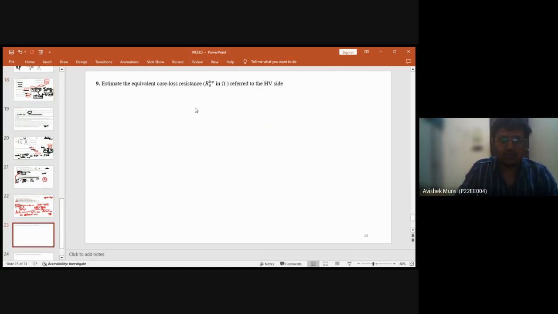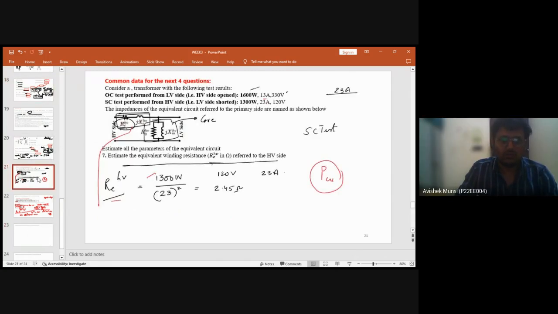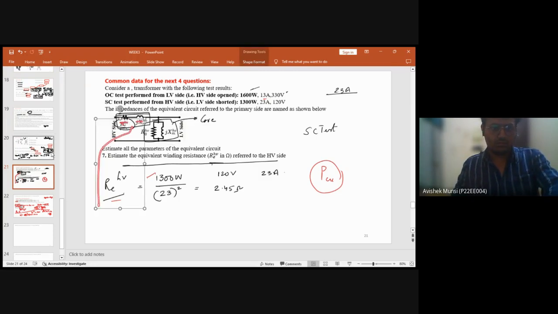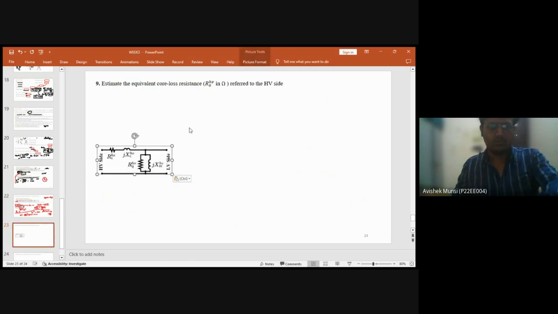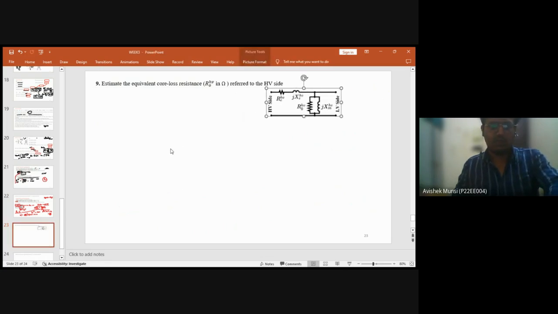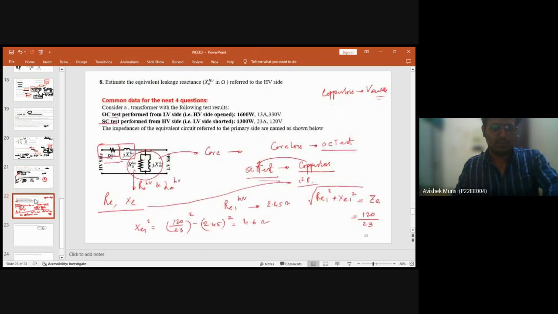Now we have to calculate the R naught. These are the core loss components, right? So let me copy this figure. Now we have to calculate R naught, and in the next question, you have to calculate X naught. So try to solve both of these. I'm giving 5 minutes.